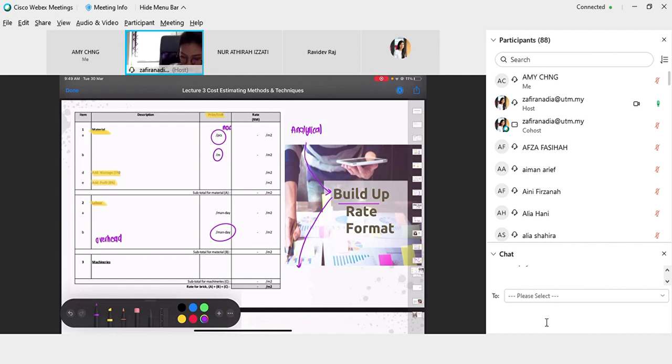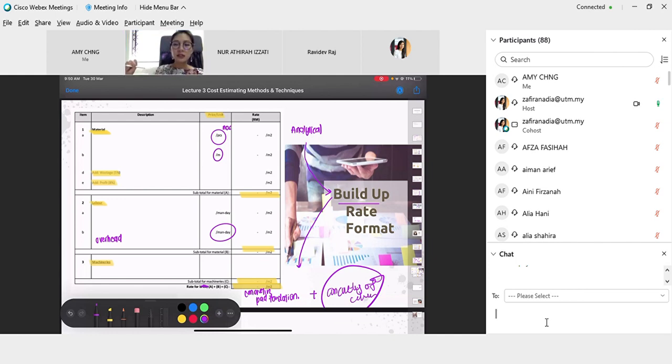And then the third part is machineries. How much is the machineries cost. Then you add the subtotal here with the subtotal here, and you get the rate here. And this rate is, for example, just one, the rate for concreting pad foundation. This one is brick, for example. Then you have to calculate after the concrete pad foundation, for example concreting of column. So there are many that you have to do.